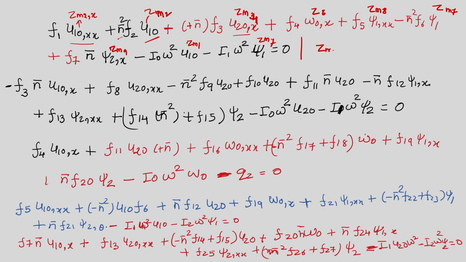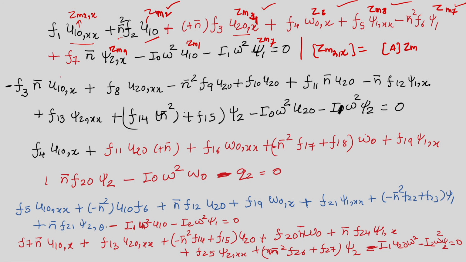Zm2 comma x is kept on one side, and the rest of the variables, because they have no other derivative, only the basic variables, can be written as, let us say, matrix A times the Zm variables u10, u3.